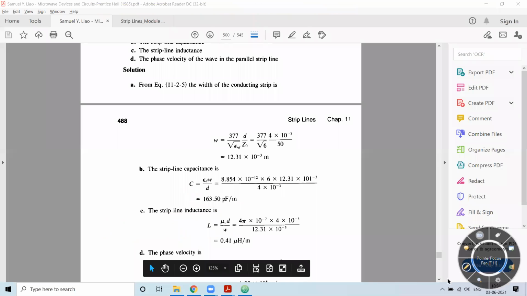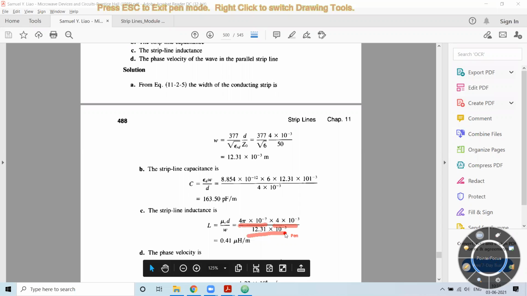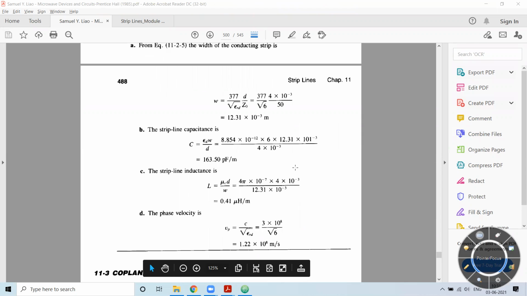So we are assuming that condition and substituting it in this equation: mu C is equal to mu naught, which is 4 pi into 10 raised to minus 7, into 4 millimeter divided by 12.31 millimeter. When we substitute and simplify it, I get the inductance, which is around 0.41 microhenry per meter.